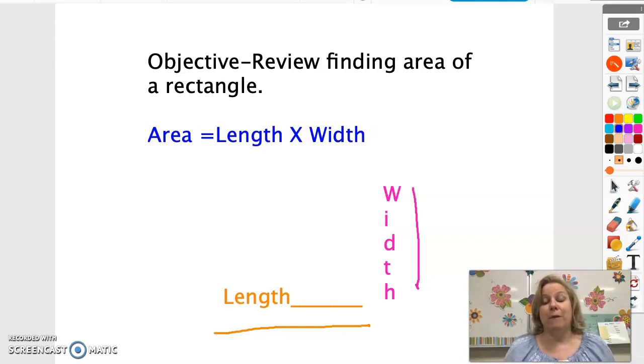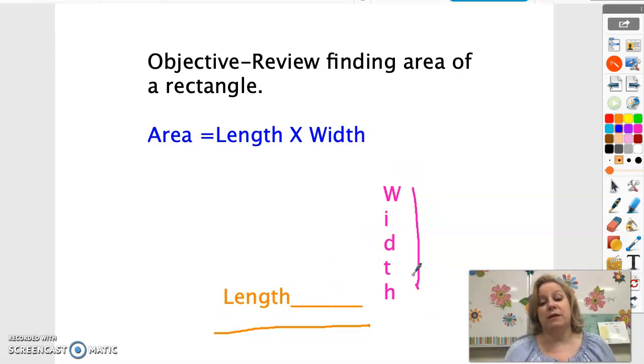When I'm looking for area of a shape, I multiply my length times my width. When I think of length, I always think of it as going across, kind of like the equator when we learned in social studies. It goes around and across the world. And width would be up and down, kind of like the prime meridian.